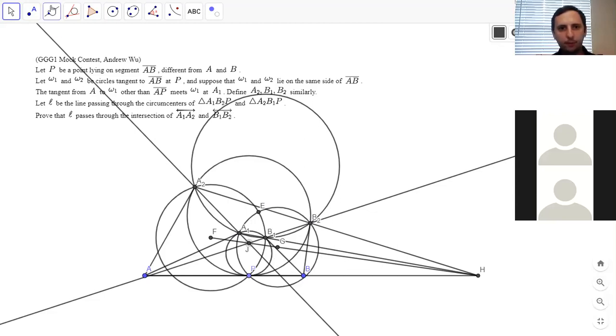If we intersect these two at a point, then we could show that F lies on the polar of that point, and G also lies on the polar of that point. So F, G, J, and H are all on the polar of this point. If we can show FA2 and FB1 are tangent, that would solve the problem.